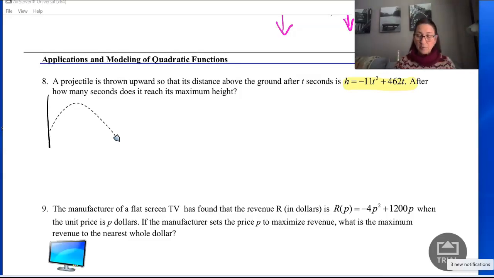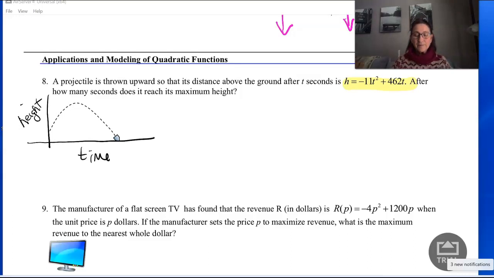So if I was to put this all on a coordinate plane, my height is kind of like my y's, and time is along my x-axis.